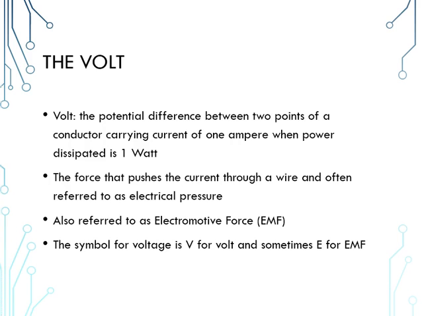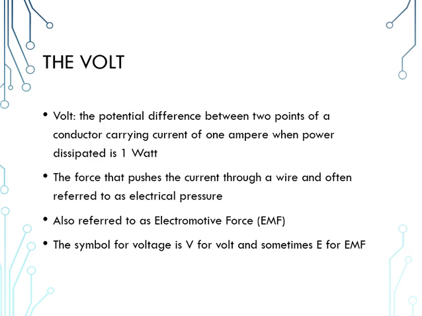Even in a wall socket in an AC circuit, we can measure the potential difference there. We can measure the potential energy difference across any load that we have in the circuit. And so the volt is a potential difference between 2 points of a conductor carrying a current of 1 amp when power dissipated is 1 watt would equal 1 volt.